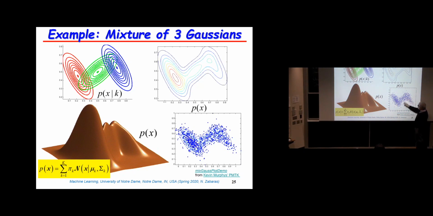Can you tell me how you will generate all these blue points? What would be a principled algorithm? So where I have, let's say, P1 for the red Gaussian, P2 for the orange, and P3 for the blue. So how do I generate these points?